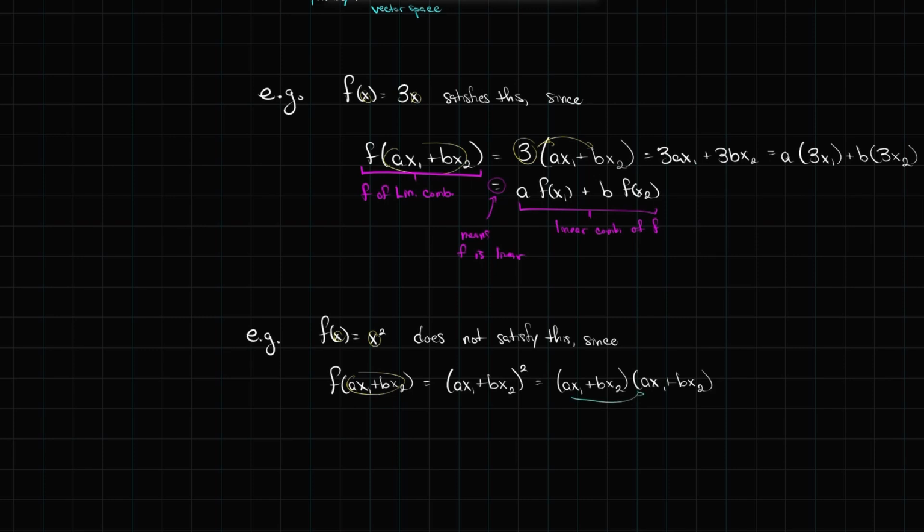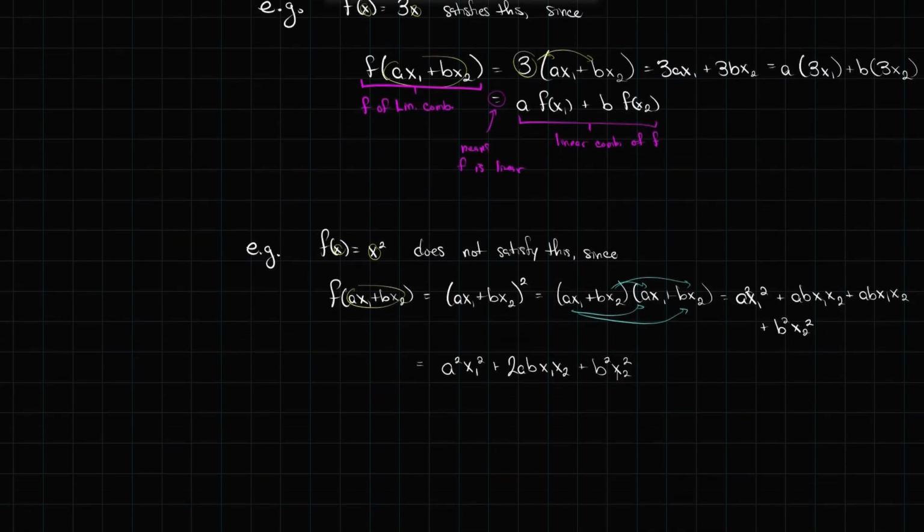When I FOIL here, I'm going to have first, outside, inside, last, and we will end up with a squared x1 squared, plus ab x1 x2 plus ab x1 x2 plus b squared x2 squared. Or I could rewrite this as a squared x1 squared plus 2ab x1 x2 plus b squared x2 squared.